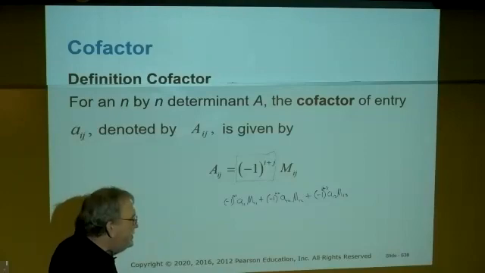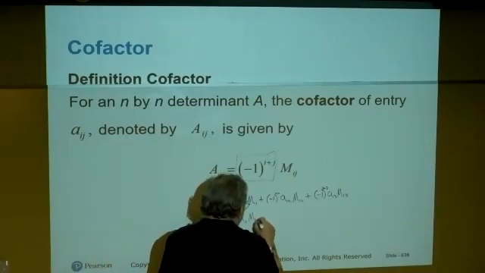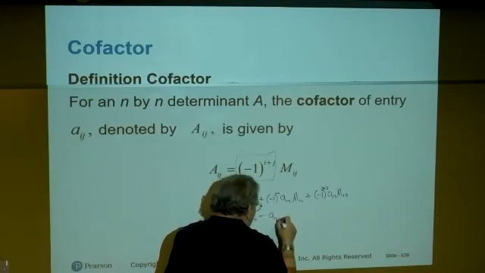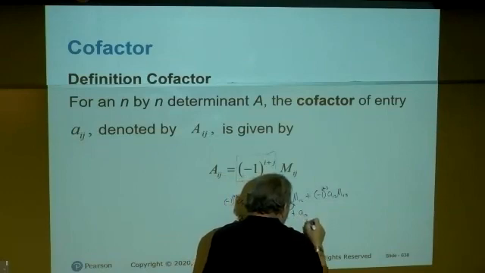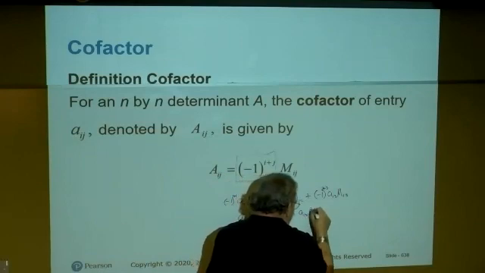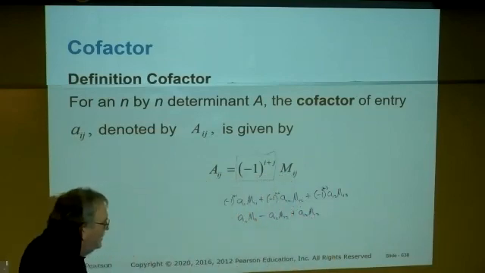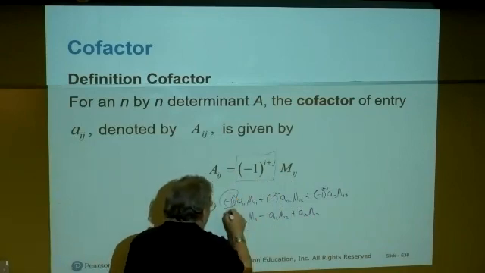And that's why I like to use the top row, because it's always going to be a sub 1, 1 times its minor, minus a sub 1, 2 times its minor, plus a sub 1, 3, first row, third column, times its minor. That's much easier to remember than trying to remember this here.